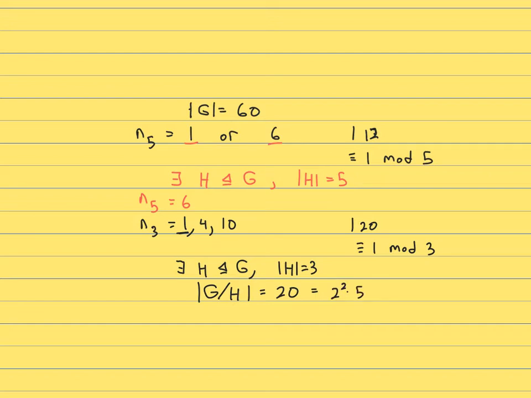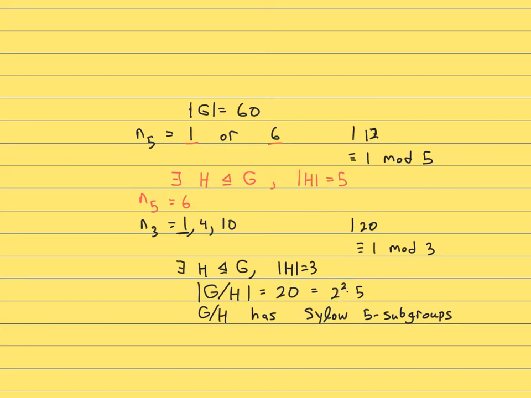Well, by Sylow's theorem, G mod H has a Sylow 5 subgroup. More importantly, based on the previous video, this is something of the form p squared times q, and q is not congruent to 1 mod p.